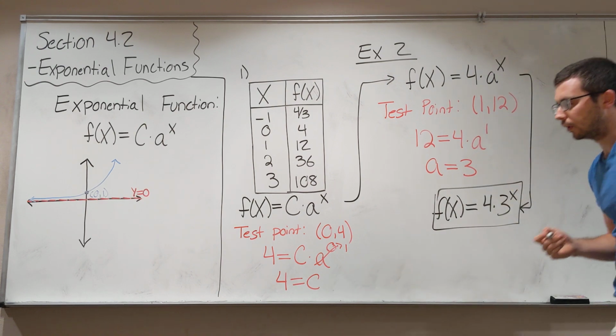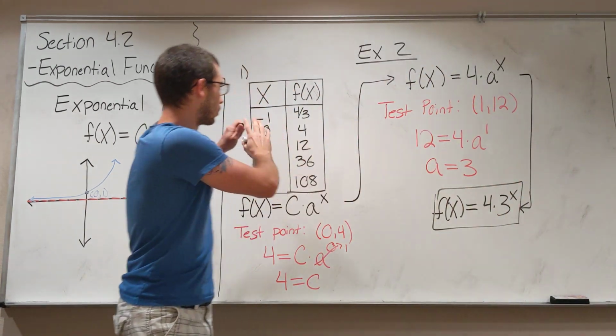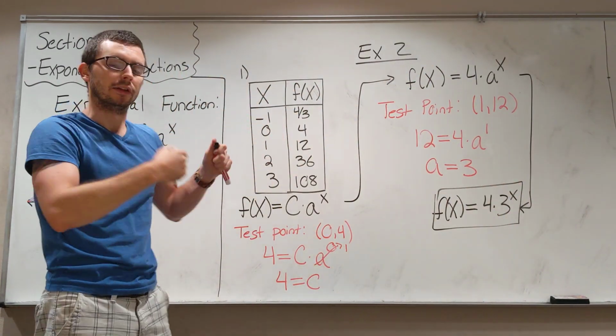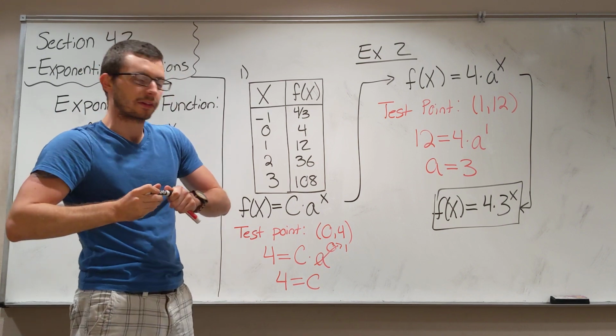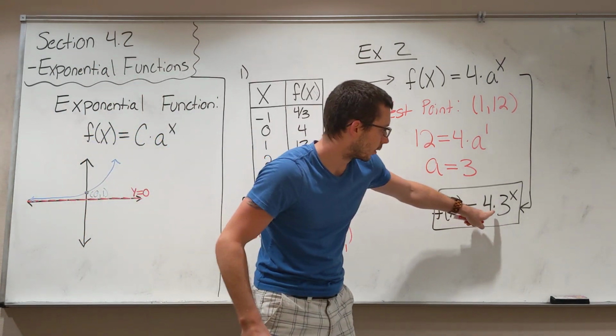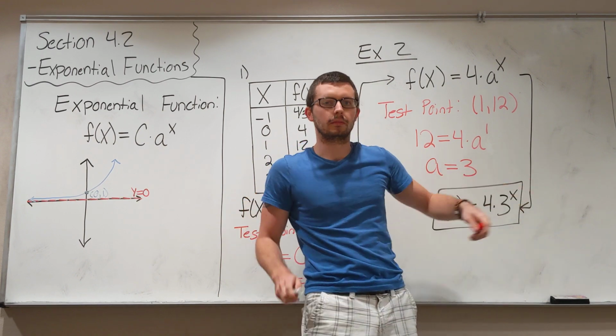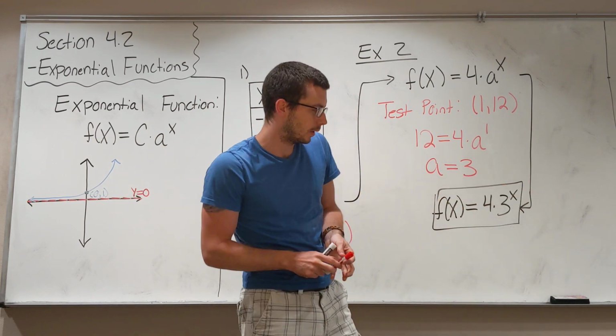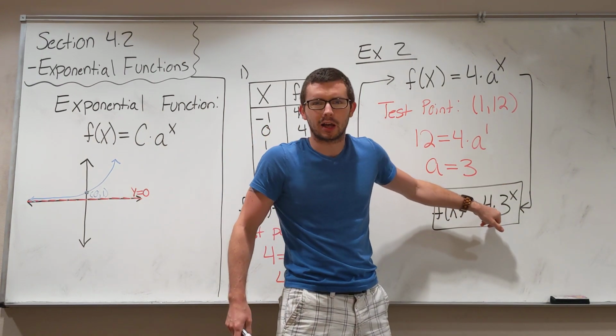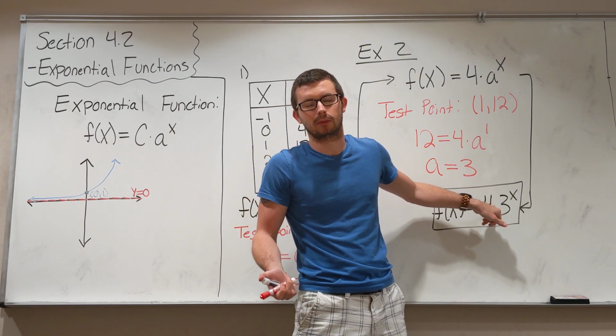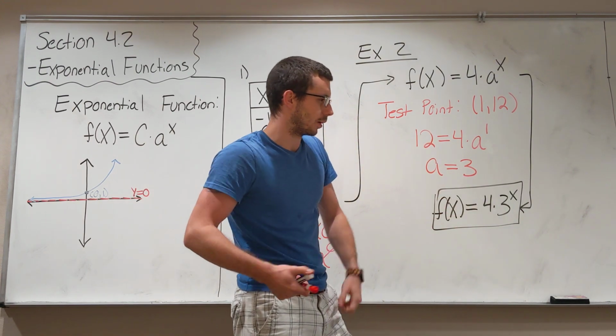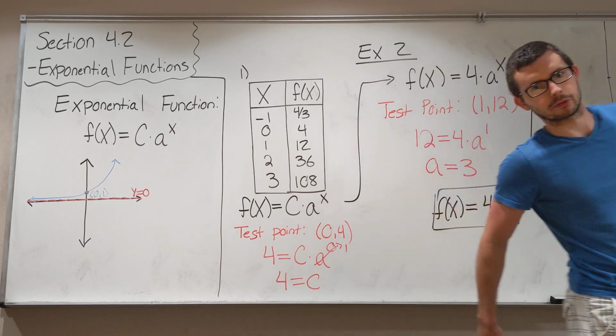So we can conclude that this trend for problem 1 here is exponential, and that its function is 4 times 3 raised to the x. And when you put this in MyMathLab, the way you can denote a dot, you can use an asterisk on your keyboard. So besides for that, that would conclude this problem.